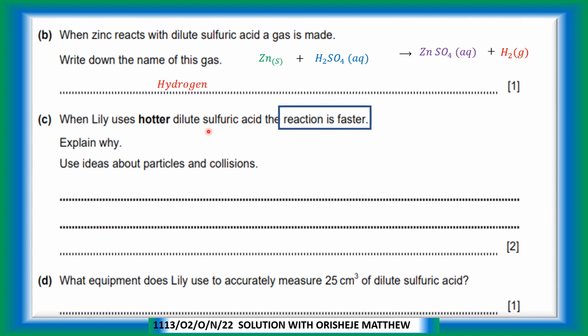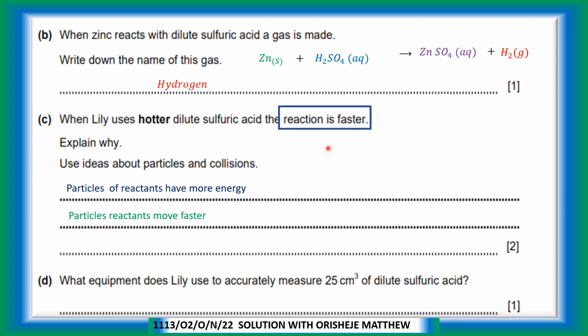When Lily uses hotter dilute sulfuric acid, the reaction is faster. Explain why. Use ideas about particles and collisions. The major reason is the particles of the reactant have more energy because they are hot. So the heating process will add energy to the internal energy of the reactant.